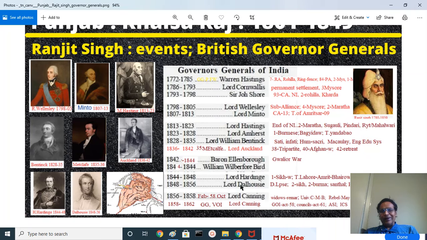Then in Lord Dalhousie's time, the second war was fought, and eventually the truncated Khalsa Kingdom was annexed to the British East India Company territories. And we continue a little with Lord Canning and the first major rebellion against the East India Company, the first Sepoy Mutiny, and so on. So that's what broadly we are going to discuss today.